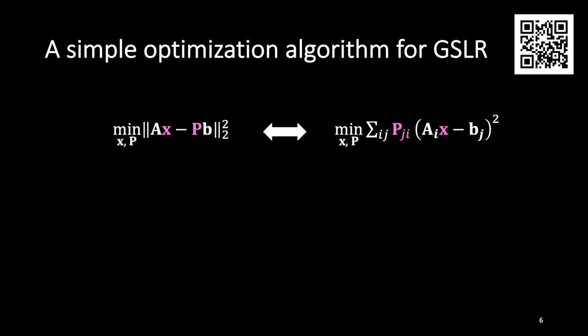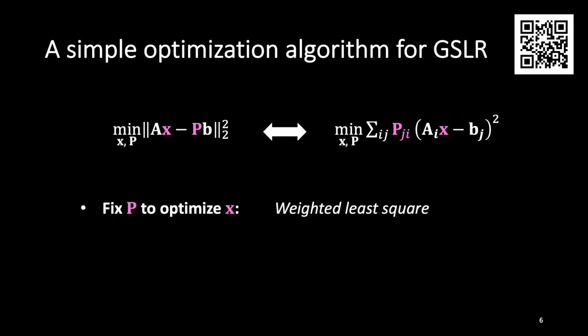Then, given this reformulated objective function, by applying alternating optimization on it, we can see that optimizing X with P fixed is simply a weighted least squares problem, which should be globally solvable in most cases.